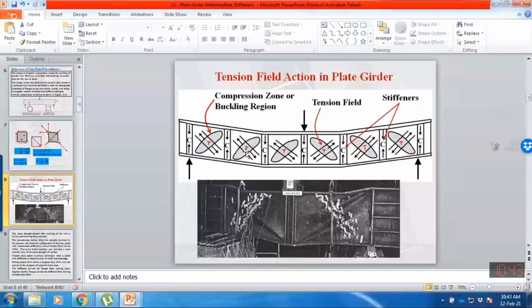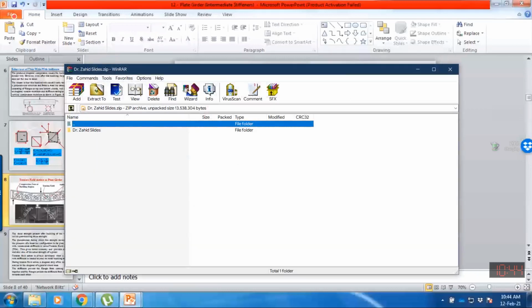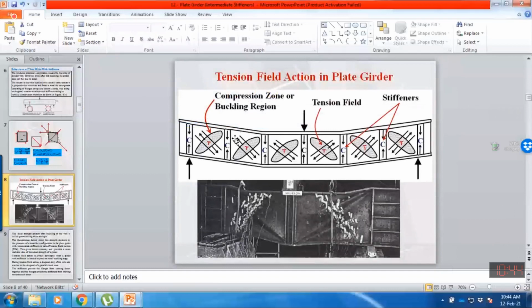So at the moment I have explained the behavior. Now we will read out the definition of tension field action. Again, this is very important, and sometimes I ask this question in quizzes. This tension field action, or improvement of shear capacity due to development of these tensile forces, will only develop if we are providing intermediate stiffeners, and this strength will only be available when the web buckles first.